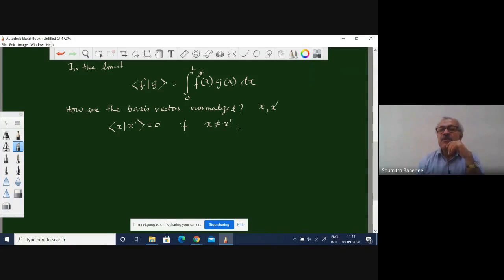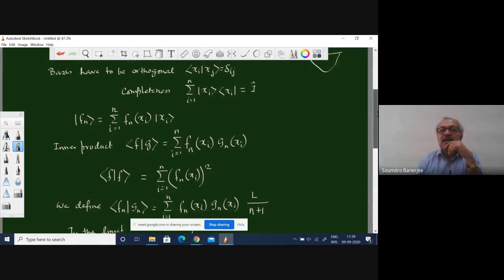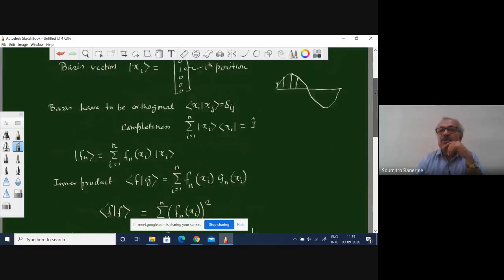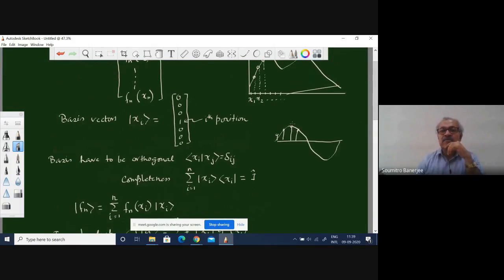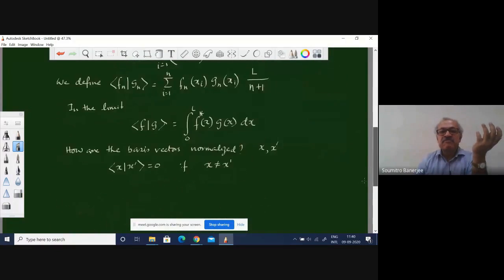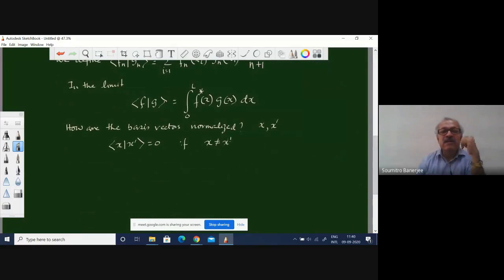That is understandable because of the way we have drawn the picture, x1 and x2. If x1 has a value, x2 does not have a value, and therefore if they are not equal, then it will be 0.